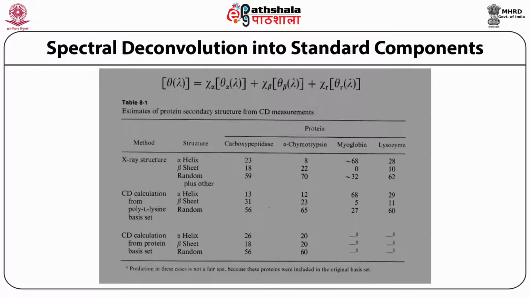Similarly, you can see this for all the proteins. Based on that, many servers are designed which give you information about the secondary structure content of any protein when you measure the CD spectra and compare with the possible known crystal structure.